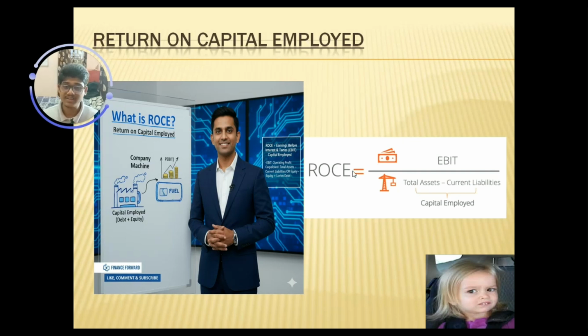As I said, ROCE is also determined from the income statement. The formula is EBIT, earnings before interest and tax, divided by total assets minus current liabilities. If you are from a science background, let me give you a quick bite: an asset is something that will give you benefits in the future, and current liabilities are liabilities for which you are responsible, though you have taken the benefits earlier.